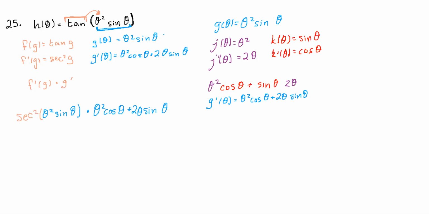So my final answer is going to be h prime of theta is equal to, oh, and this is in brackets here. And I'm just going to leave them bracketed off because I don't really want to distribute right now.